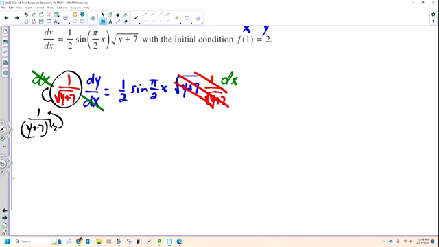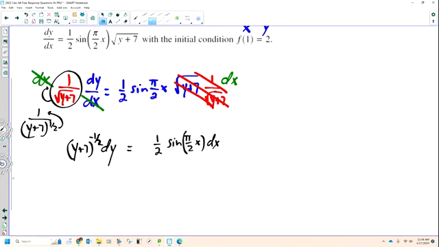So I've got y plus 7 to the negative 1/2 dy equals 1/2 sine of pi over 2x dx. Here we go. We've got both of these set up. Now it is time to integrate both sides. Okay. So let's integrate both sides.